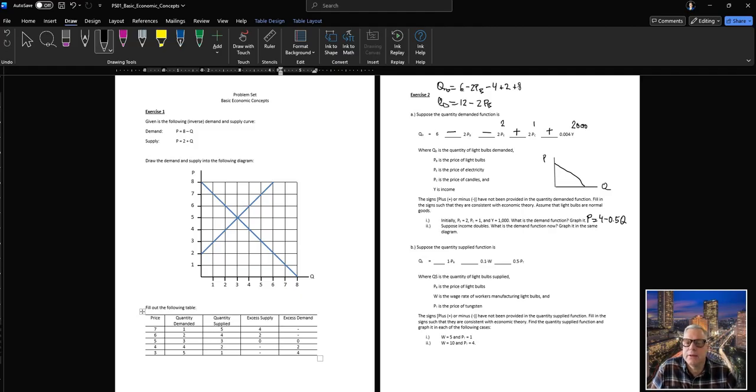If we rearrange terms so that we have PB on the left side, then we would get 2 PB equals 12 minus QD, then we divide by 2 and we get the inverse demand function: P equals 6 minus 0.5 Q. And you see that indeed the intercept has increased and the slope stayed the same, so that matches a right shift of the demand.